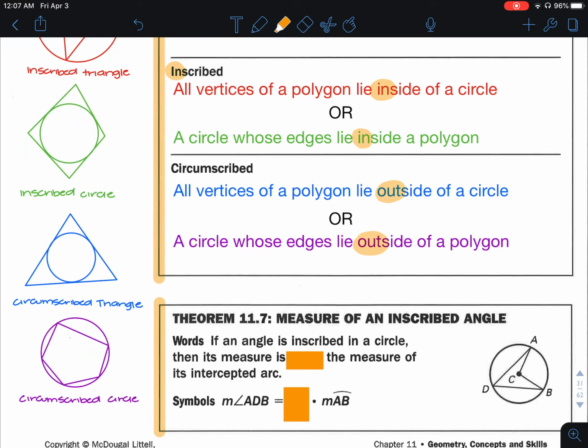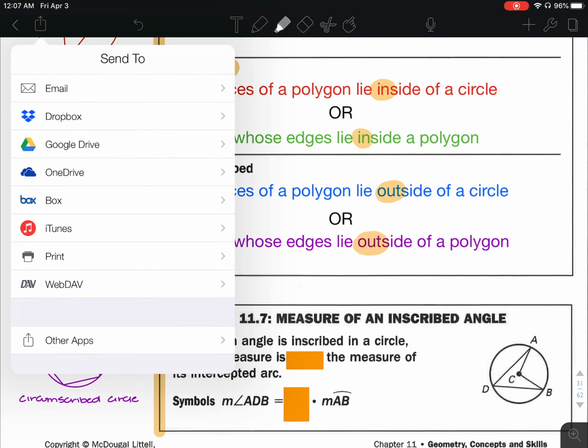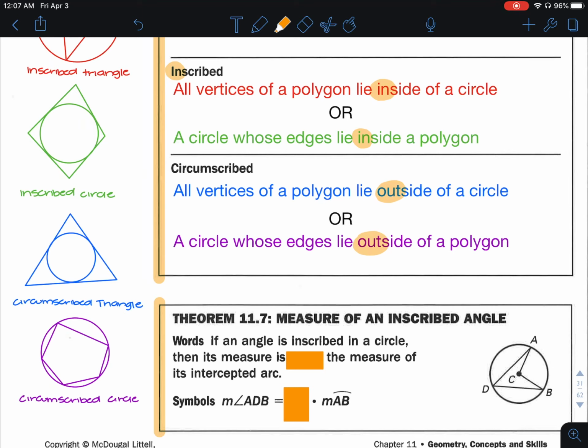So these are a little bit tricky to get used to, but if I think of inscribed as inside and circumscribed as outside, it'll help a lot. So let's talk about theorem 11.7, measure of an inscribed angle.